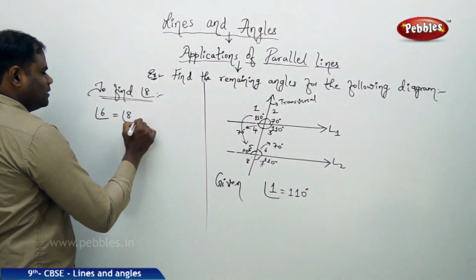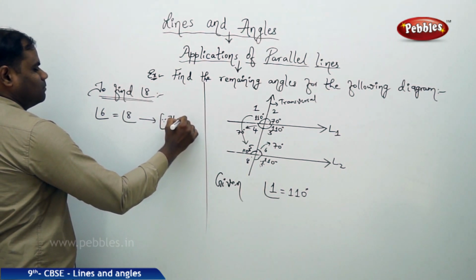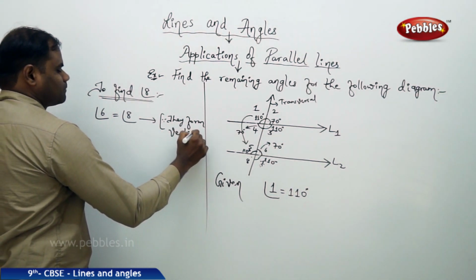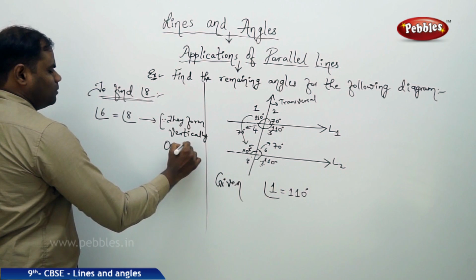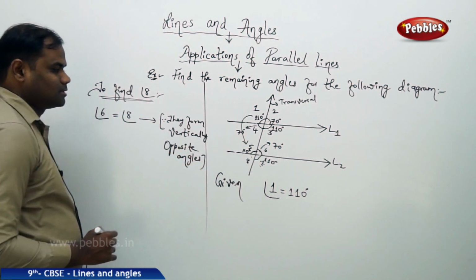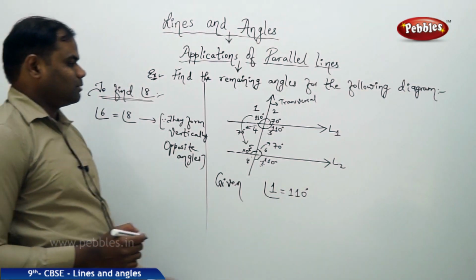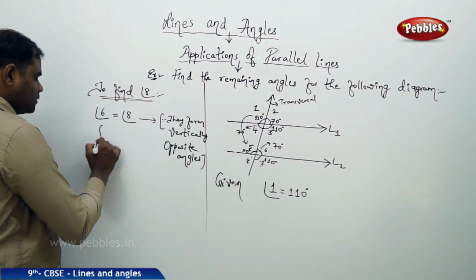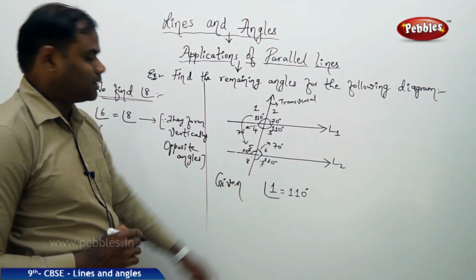Since they form vertically opposite angles, they must be equal. And my angle 6, which is 70 degrees, is substituted here, which was found in the previous case.